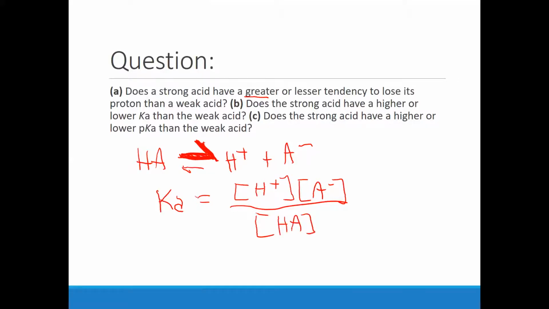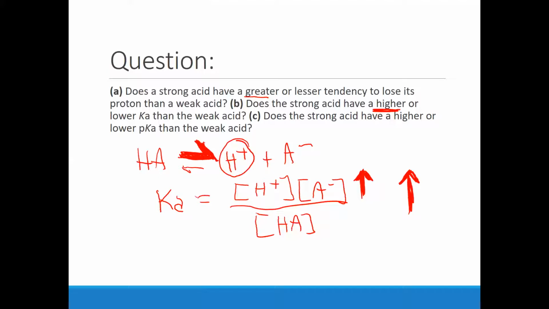We just said strong acids are better at going this way. They're better at dissociating. They're better at making H plus. That means that the number on top is going to be bigger than the number on the bottom. And so Ka will be higher. So stronger acids have a higher Ka than weaker acids.